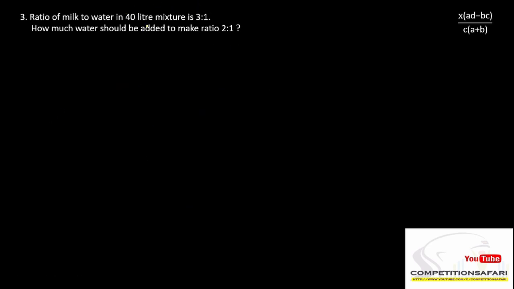So we have a mixture where 3 parts is milk and 1 part is water, and later on the ratio becomes 2 is to 1. So milk, water. Remember, we are adding water here, so the quantity of milk remains the same. Previously we had 30 liters of milk and 10 liters of water, and on the latest stage we get 2 is to 1.